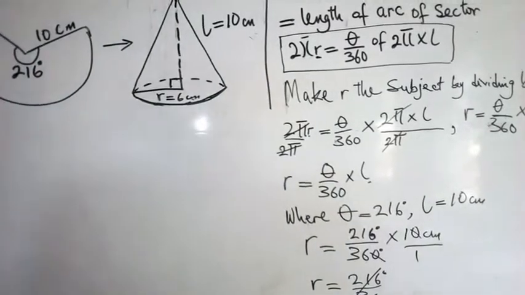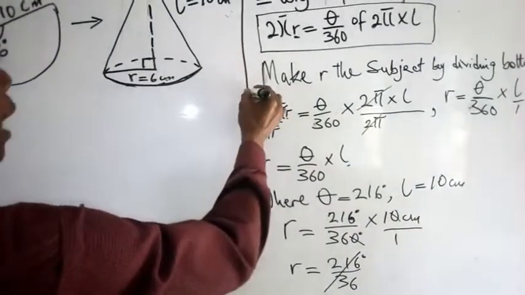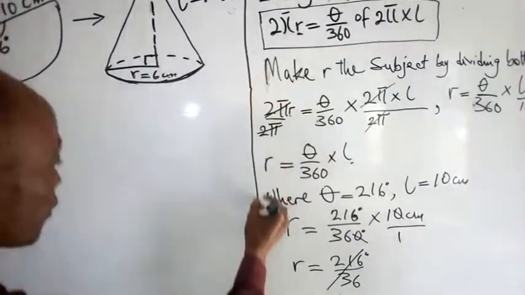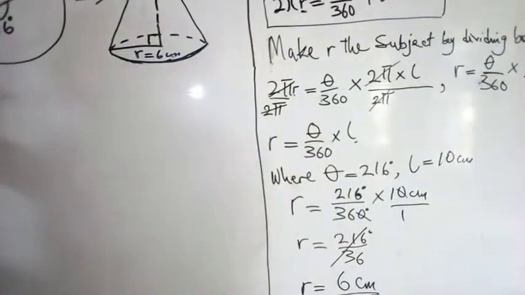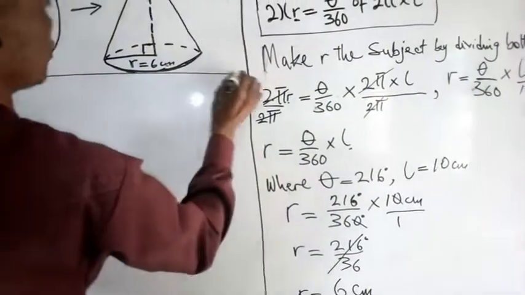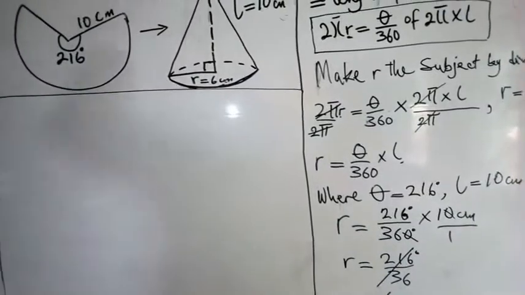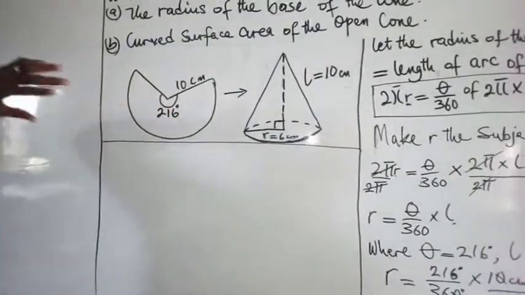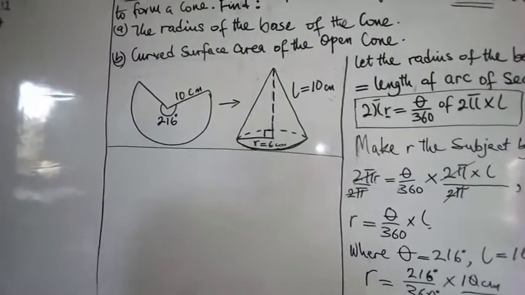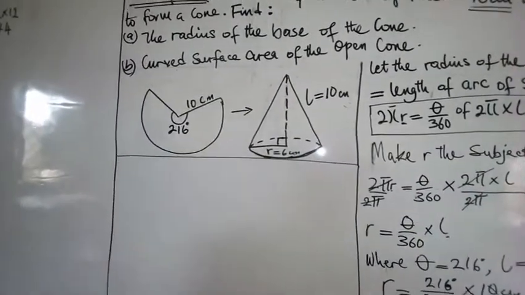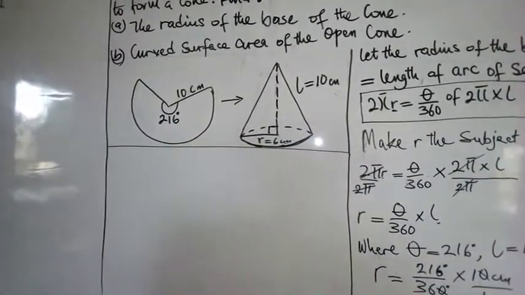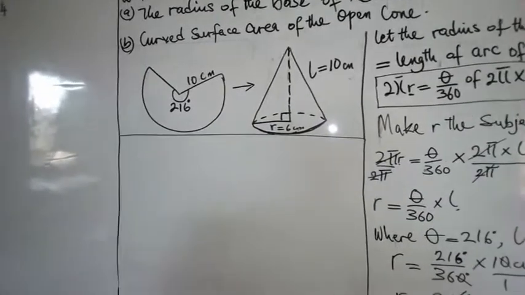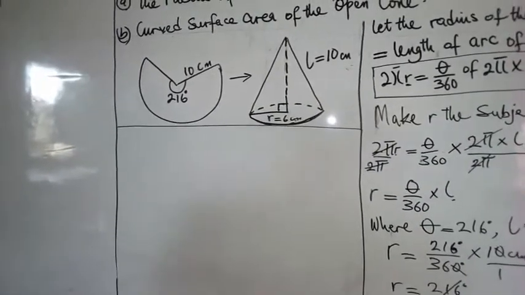Now, if we still have time, we can calculate the other aspect of the question. Now, the curved surface area. I think we will have to leave that one in terms of pi also.